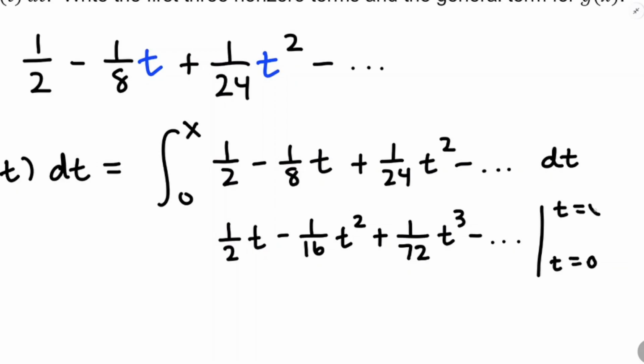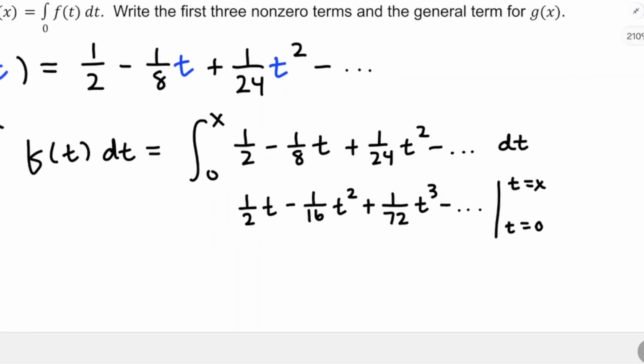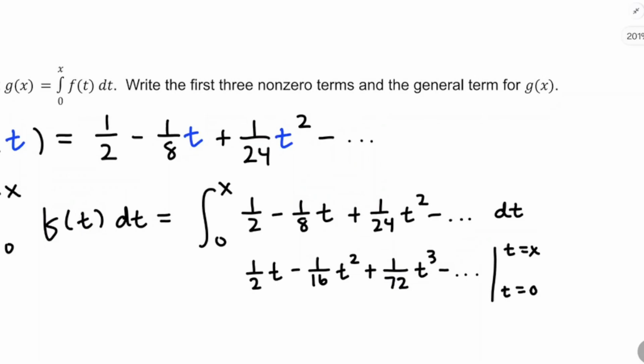And when I plug in t equals 0, I'm going to get all zeros, right? Because the other terms are just higher and higher powers of t. And when I plug in x, I'm just going to kind of undo what I'd done before, and that's why I'm able to just antidifferentiate term by term.